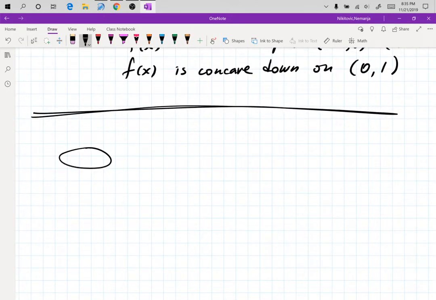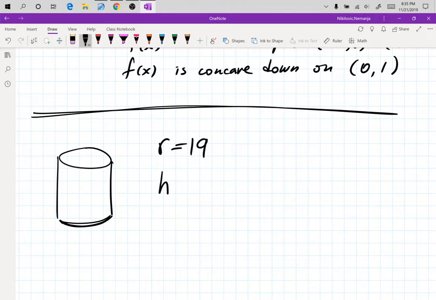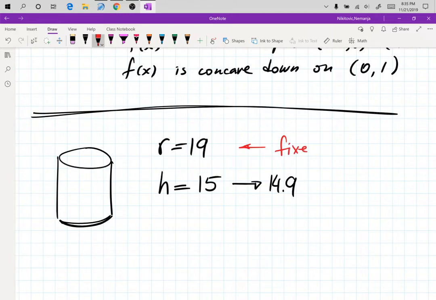Now, you have a right cylinder, and for this cylinder, the radius is fixed at 19, and the height of the cylinder will decrease from 15 down to 14.9. Now, it's very important here to understand that this radius is fixed, constant, and because it's fixed, it is not a variable.